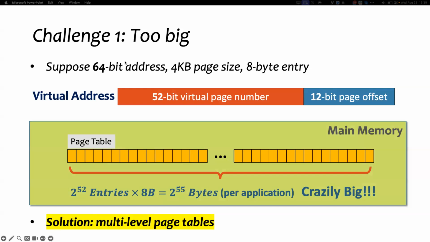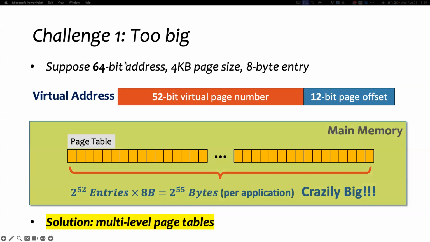Okay. So how does the 8-byte entry factor in here? Each entry in the page table needs to store the translation, right? It needs to store another 52-bit number. And typically we just round it up to the nearest power of 2 number of bytes.